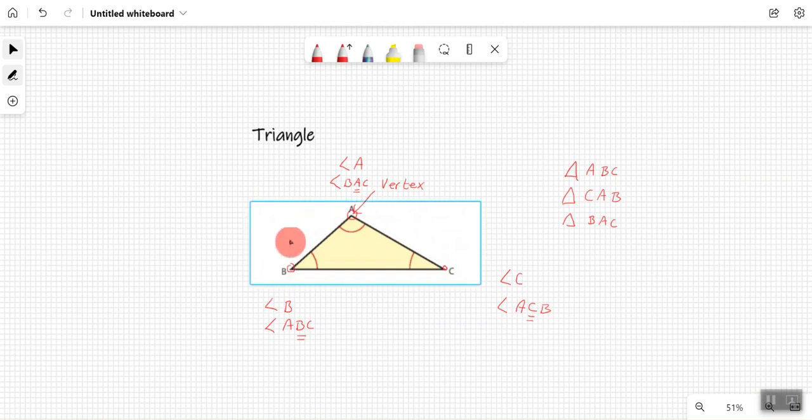Also, the triangle is enclosed by these 3 line segments here. For example, we have the line segment AB, and we just call that AB. This symbol here means line segment, and that line segment is from here to here. So if you were to draw that line out, it starts at A and it finishes at B. Then you have this line segment down here, which is the line segment BC.